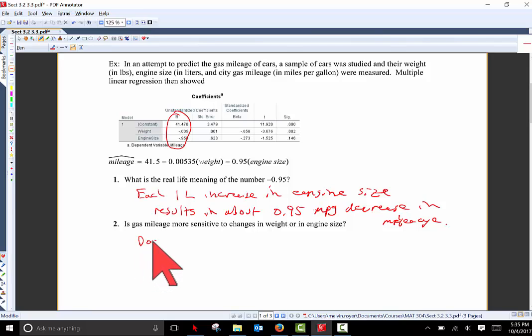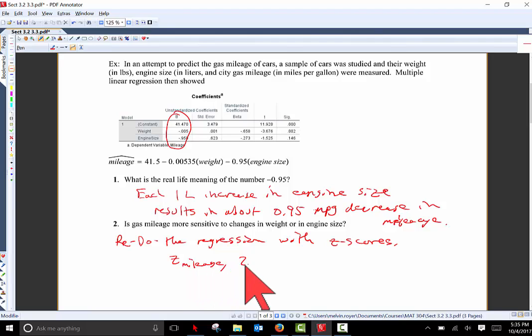So do or redo the regression with z-scores. What's that mean? Convert everything to z-scores first. So there's a z-score for the mileages, a z-score for the weights, a z-score for the engine size.